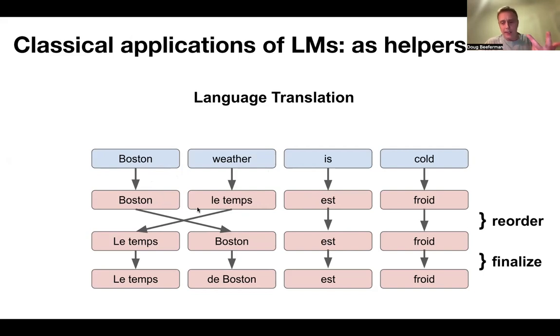But we might use a language model to reorder. After doing the word by word conversion, we might use the language model to find out what the best order is for the words in the target language, and then maybe do some other things to fix it up in the target language.